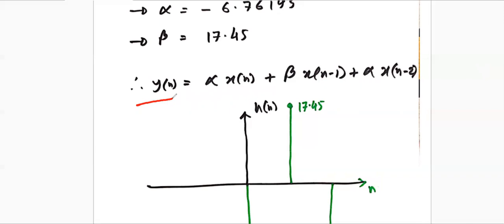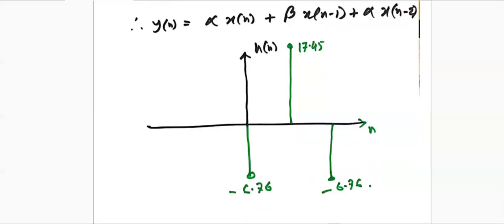You know the value of x[n], the particular input, and the output is the convolution sum of the impulse response. You can make the convolution sum of the impulse responses as we have done previously.